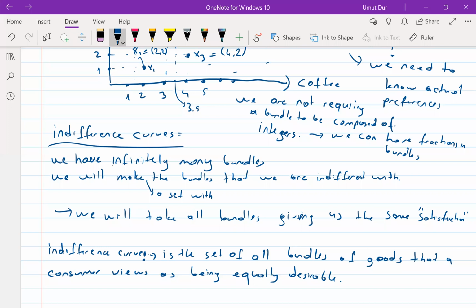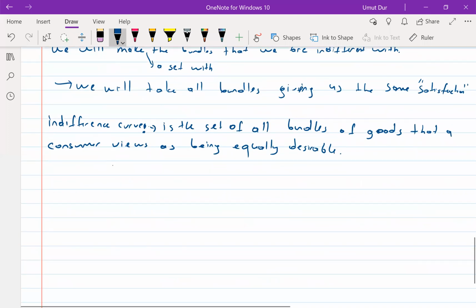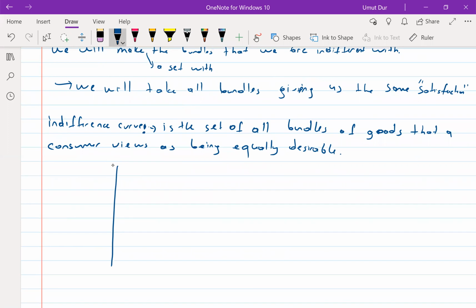Let me try to show it on the graph. Let's say that this is our graph. We have coffee here, we have tea here. Let's say we are considering 2 cups of coffee and 1 cup of tea.